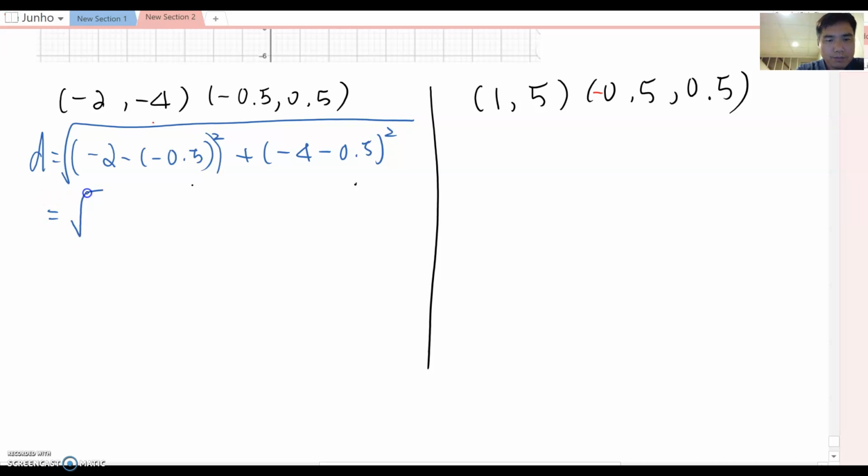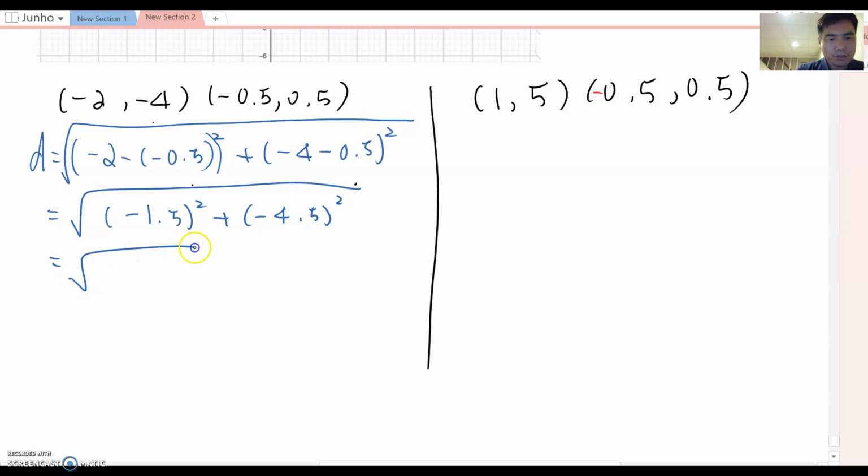Then this becomes the square root of negative 1.5 squared plus negative 4.5 squared. If you calculate this, it will be the square root of 22.5, and approximately it becomes 4.743 like that.